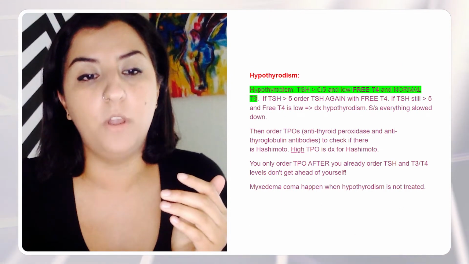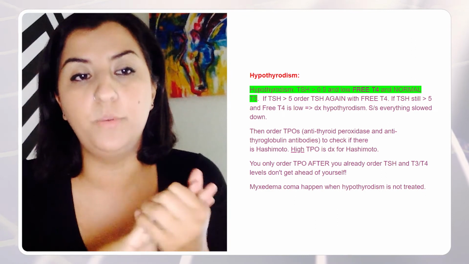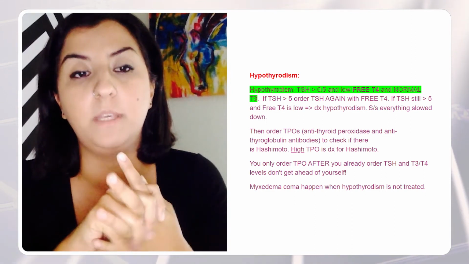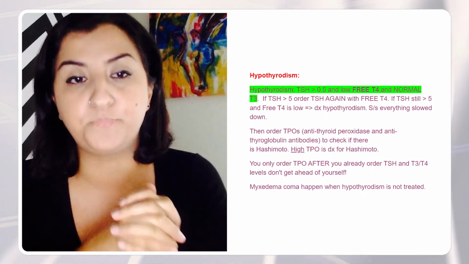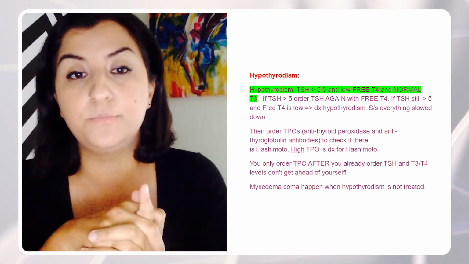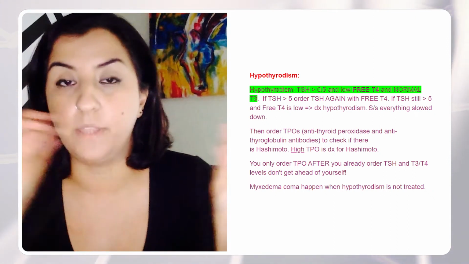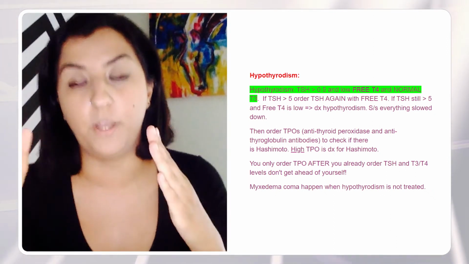And then we're gonna move along to hypothyroidism. So the diagnosis for hypothyroidism is the TSH has to be more than 0.5, and your free T4 has to be low, and your T3 is normal, okay? Remember these three things. They're different from the hyperthyroidism.